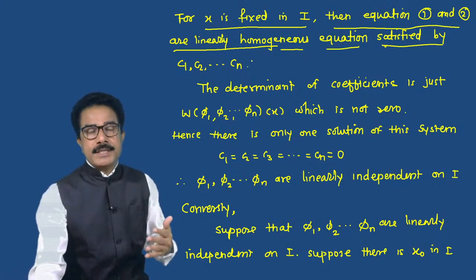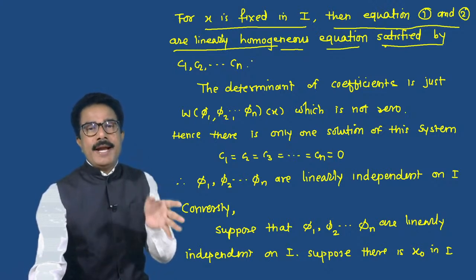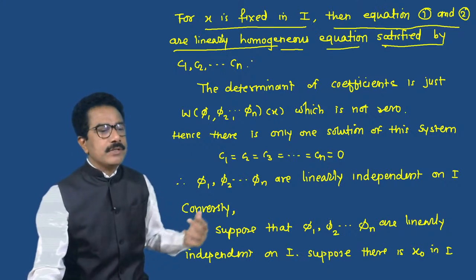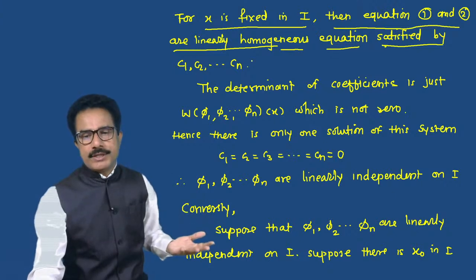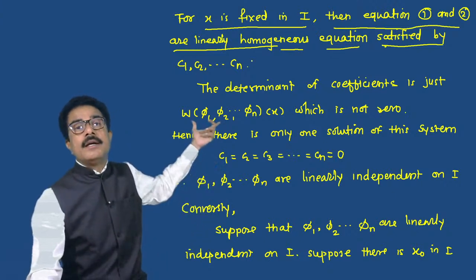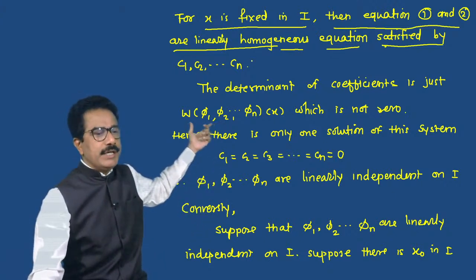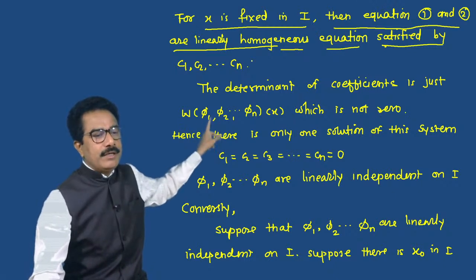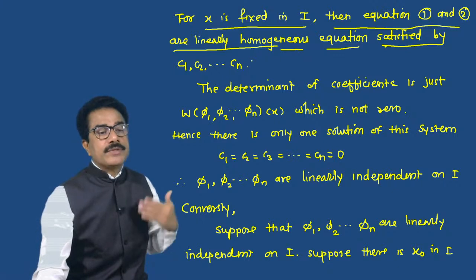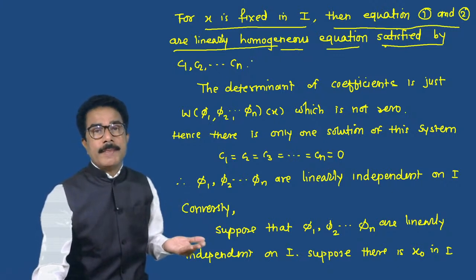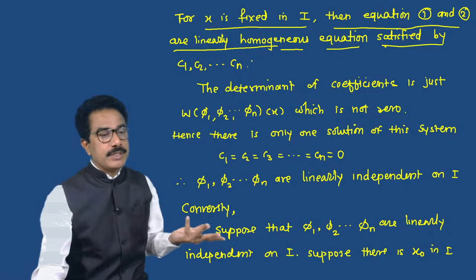If x is fixed, then phi dash and the others are fixed values. So the determinant of the coefficients of the homogeneous equations is given by the Wronskian of phi 1, phi 2, phi 3 ... phi n of x, which is not 0 according to the condition.